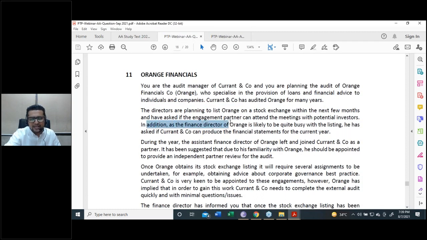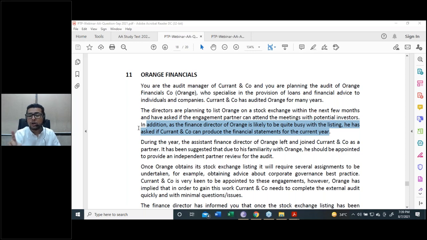In addition, as the finance director of Orange company is likely to be quite busy with the listing, he has asked the audit firm whether they can produce the financial statements. Now you tell me the answer of this one. Yes, this will create self-review. Fantastic.